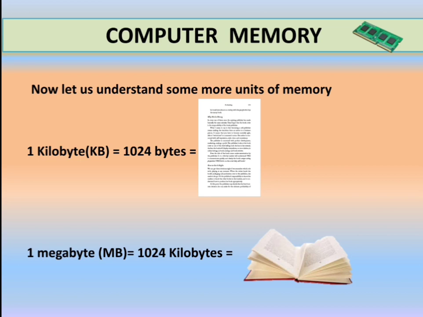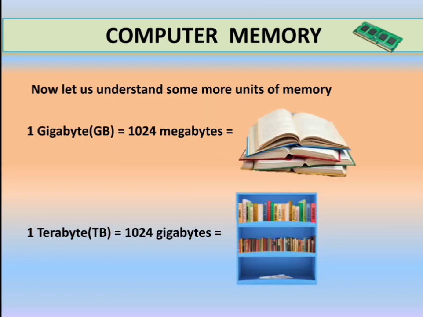Similarly, if we move ahead, there is 1 megabyte. 1 megabyte is equal to 1024 kilobytes, and it is approximately equal to one complete book. All the characters written in a single book require 1 megabyte of memory to store.